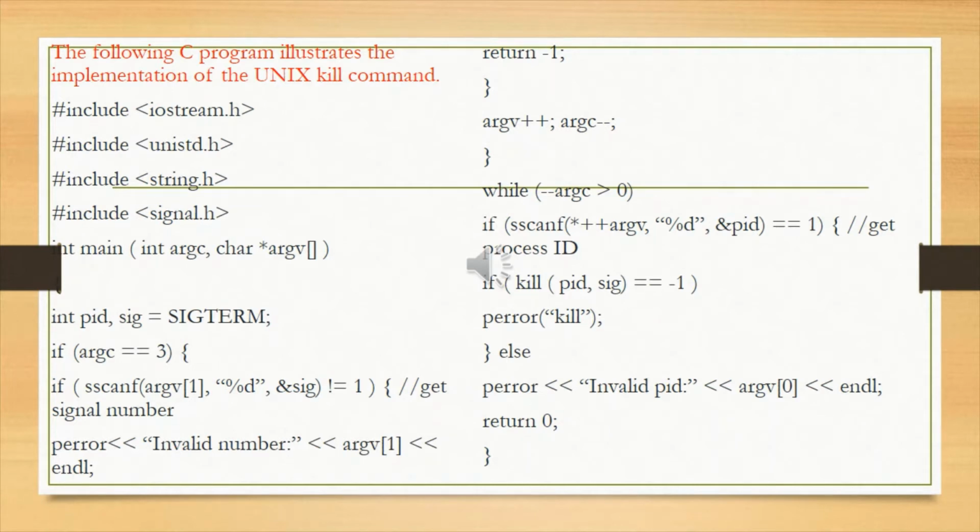If argc is equal to 3, then sscanf of argv[1] with percent d reads the integer value of SIG; if it is not equal to 1, to get the signal number, it prints the error invalid number with the corresponding argument 1 and returns -1.